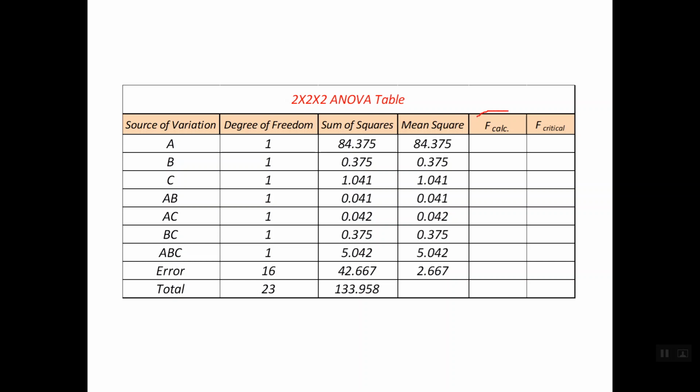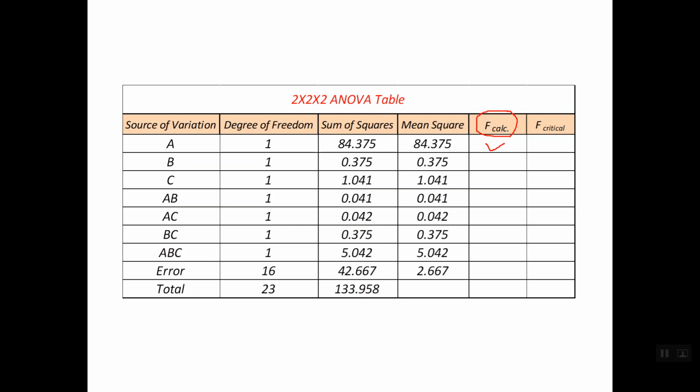What is needed now is to calculate the value of the statistic F. The formula for the calculation of F is simply we divide the mean square of the needed factor by the mean square of the error.